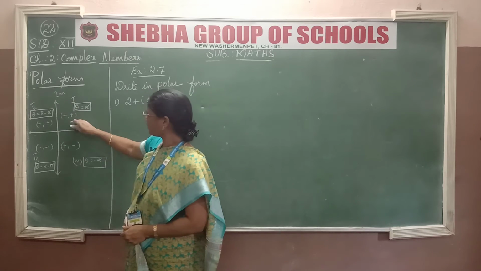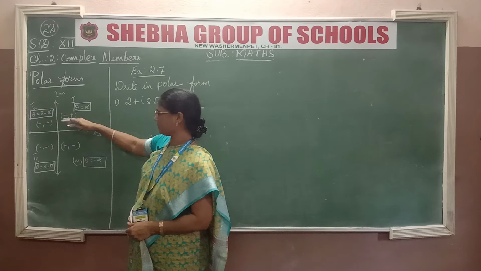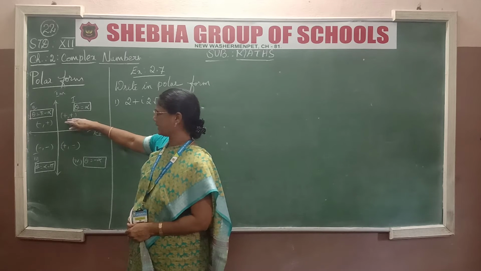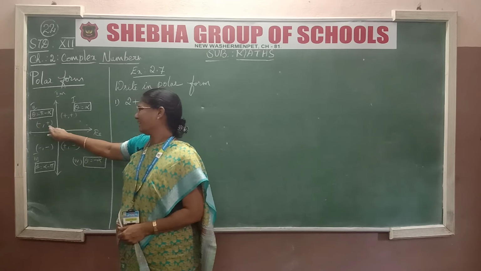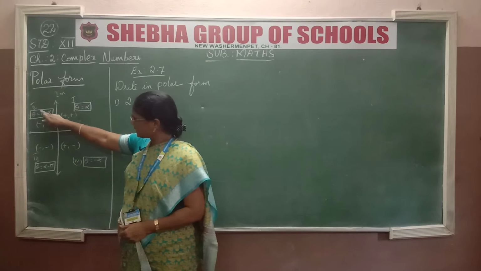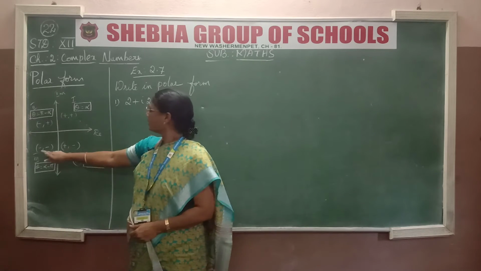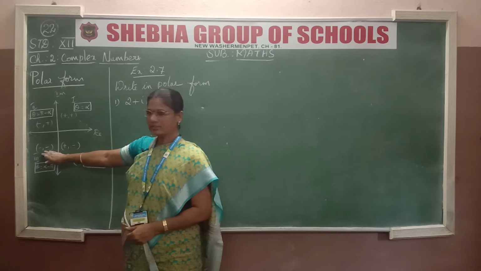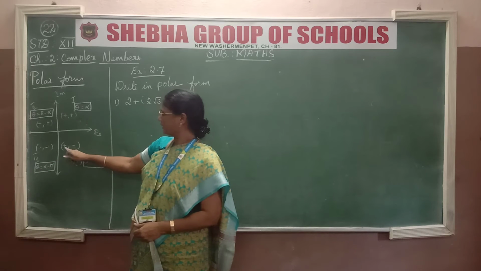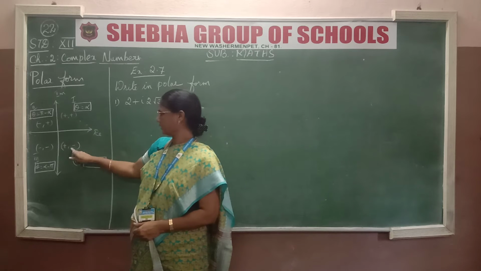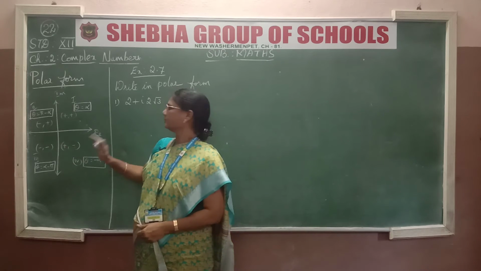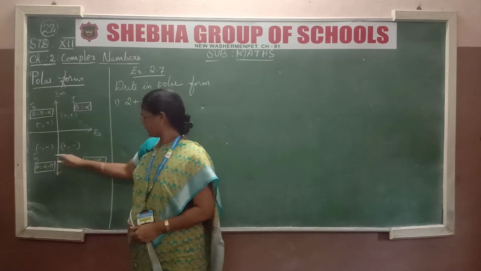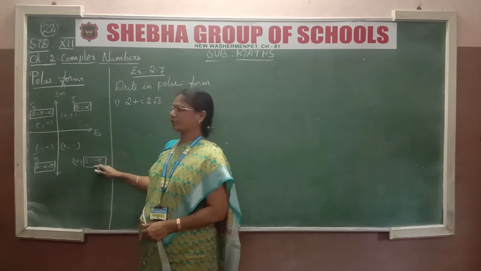If real part is positive and imaginary part is also positive, it lies in the first quadrant. If real part is negative and imaginary part is positive, it lies in the second quadrant, and if both are negative, it lies in the third quadrant, and if real part is positive and imaginary part is negative, it lies in the fourth quadrant. So these four thetas are the principal arguments.